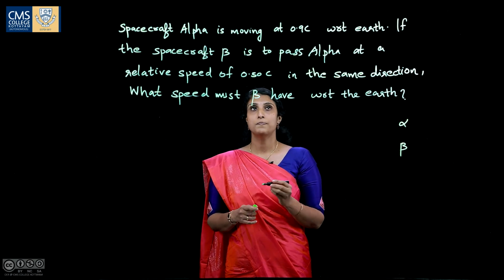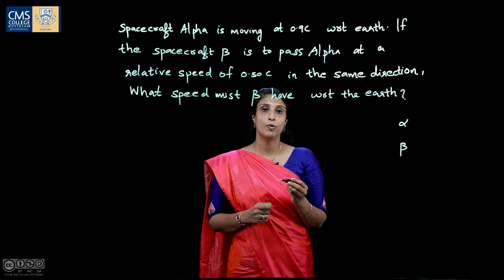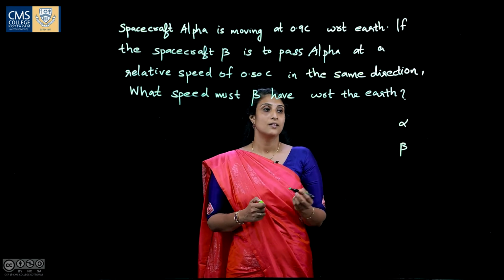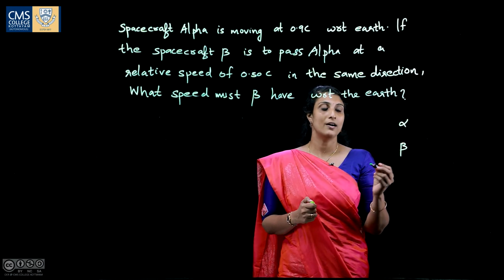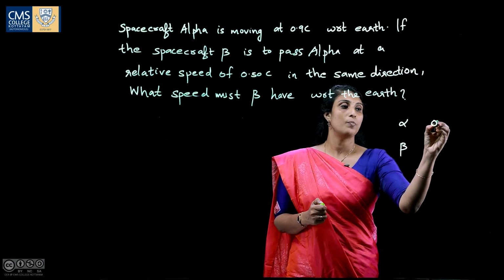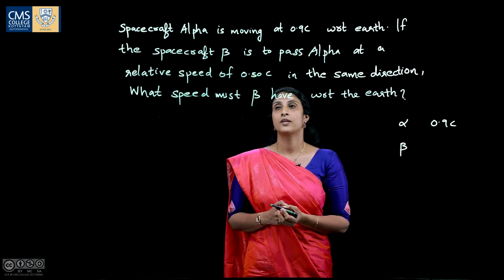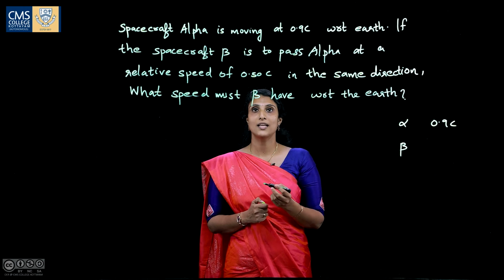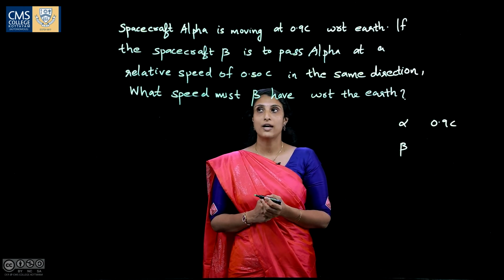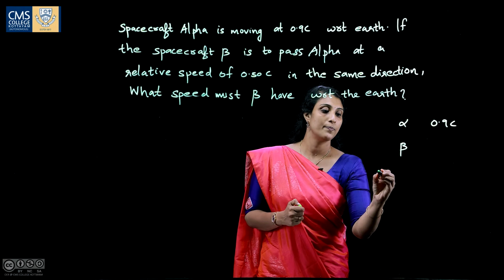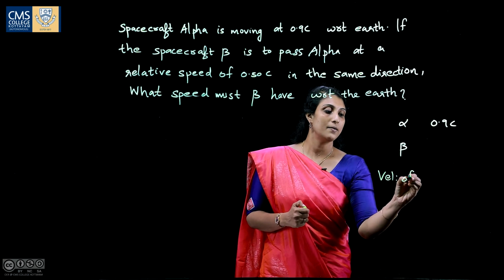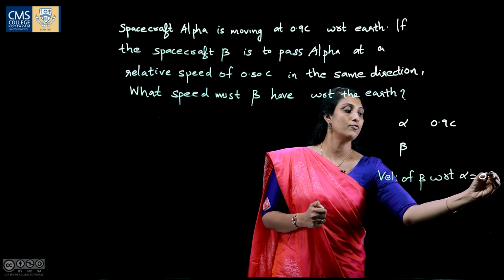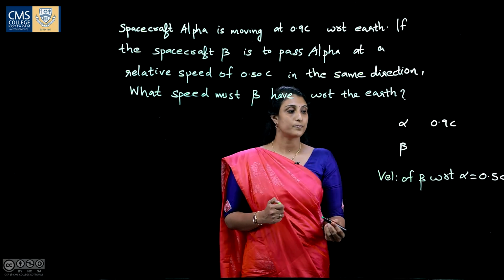The data given is spacecraft alpha is moving at 0.9 c with respect to the earth. That is, the velocity of spacecraft alpha with respect to the earth is 0.9 c. Now the spacecraft beta is to pass alpha at a relative speed of 0.5 c. That is, the velocity of beta with respect to alpha is 0.5 c.